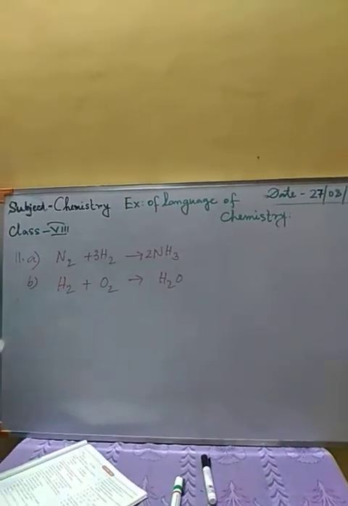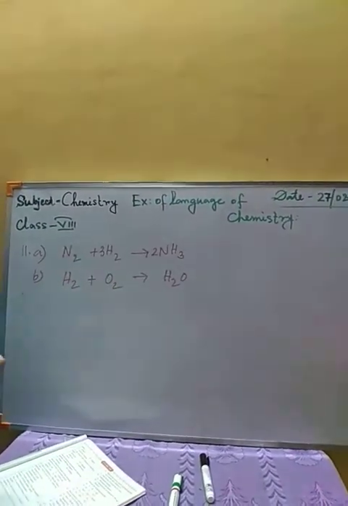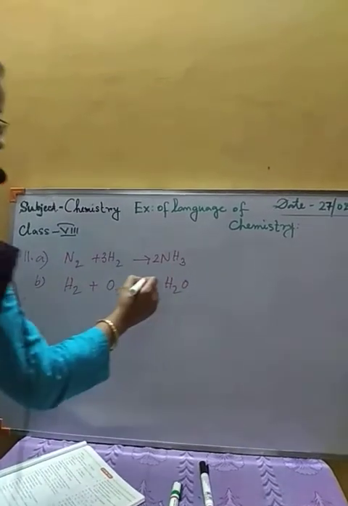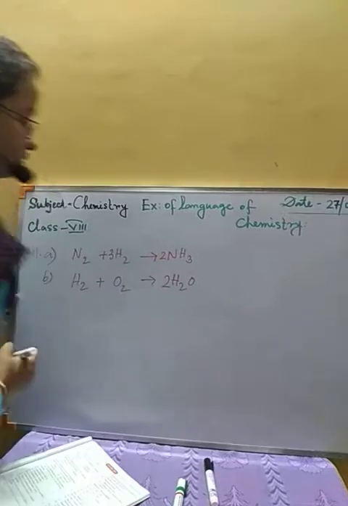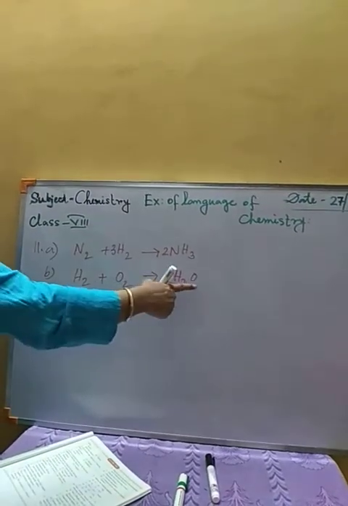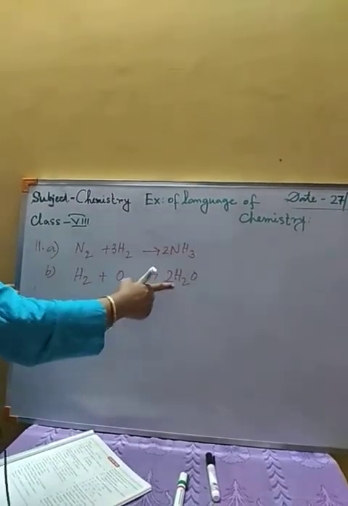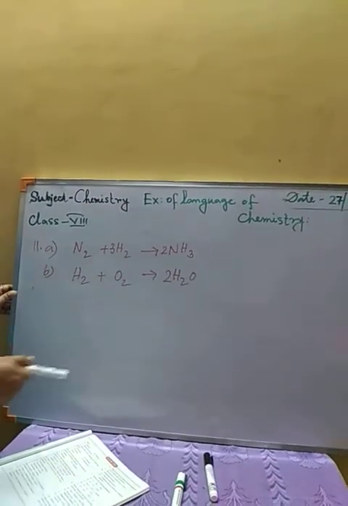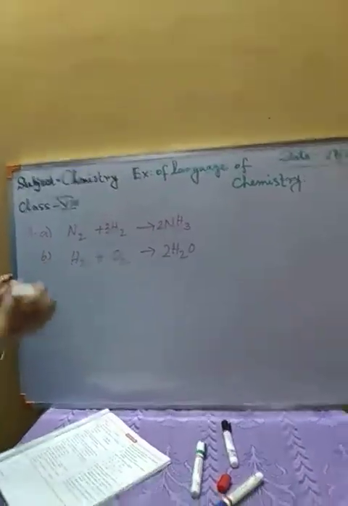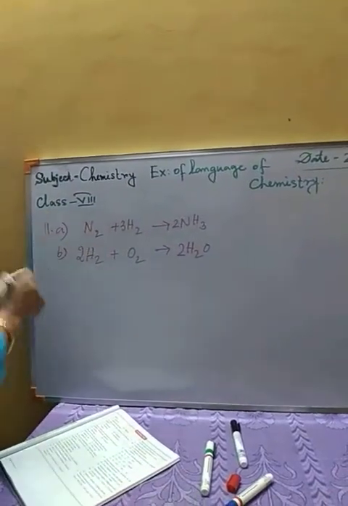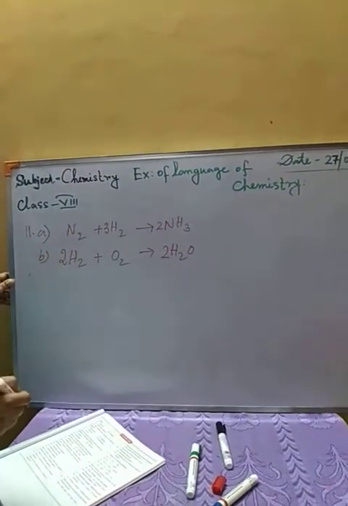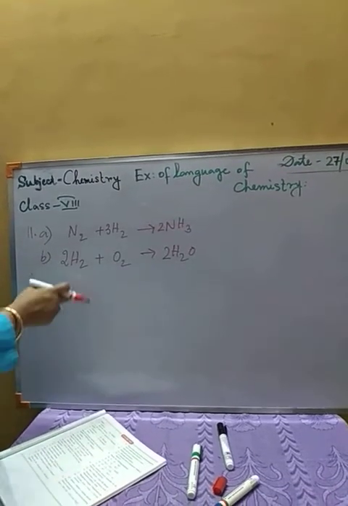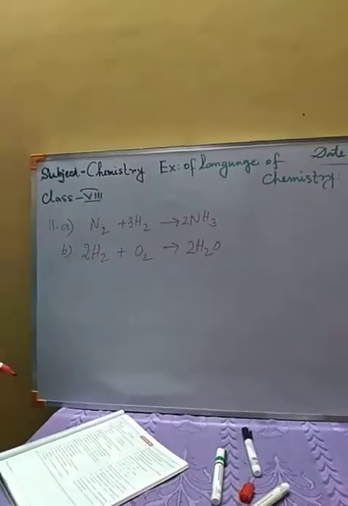See here 2 hydrogen is there, and 2 oxygen atoms are there, and this side only 1. So here must be 2 to balance oxygen. Now as we are writing 2 this side, hydrogen now becomes 2 into 2, 4. So if we write 2 this side, 4 atoms of hydrogen we are getting. So this will be the balanced form.